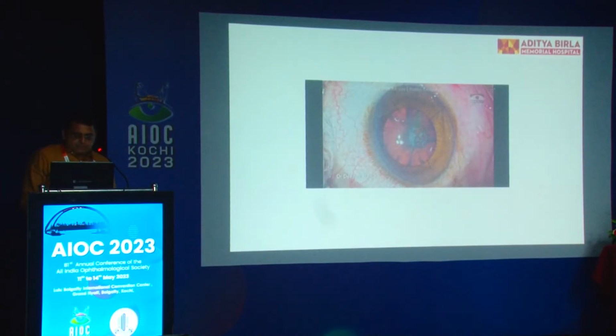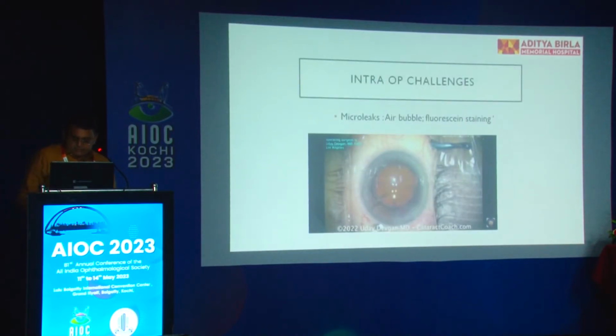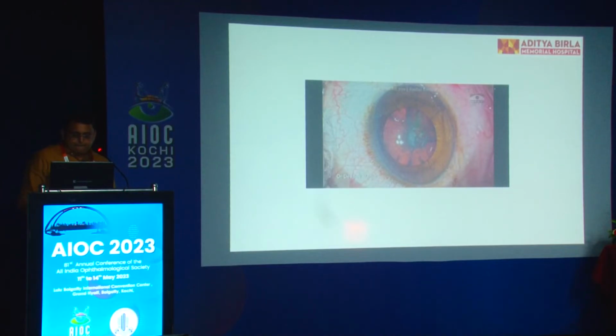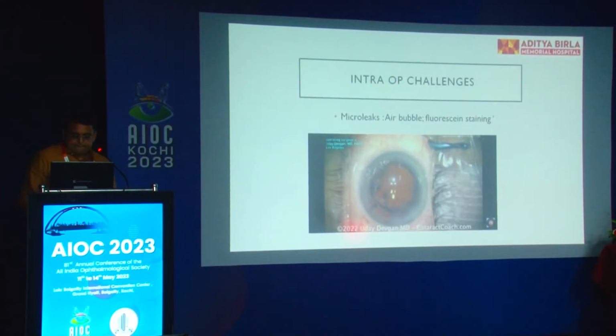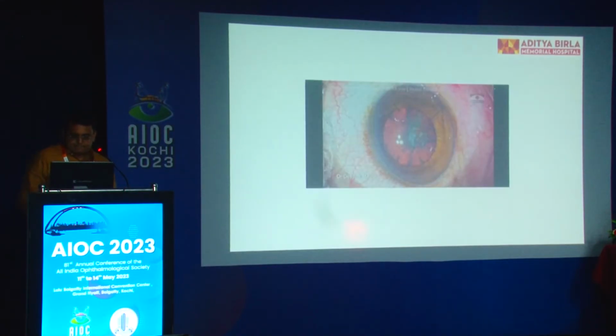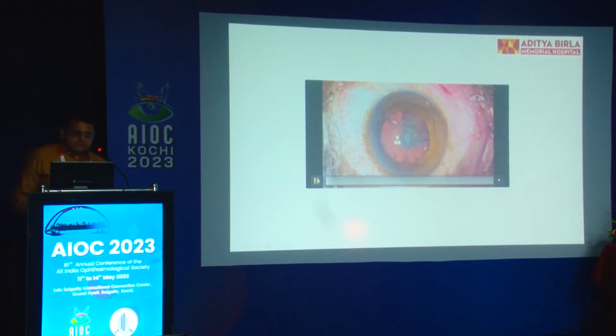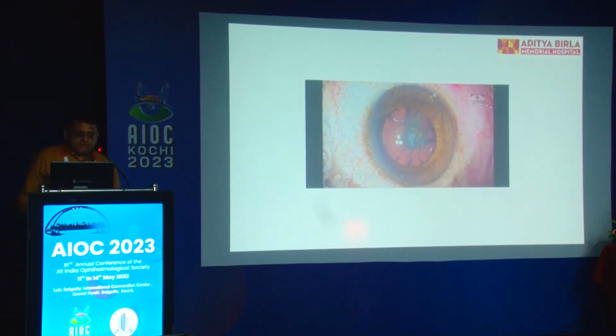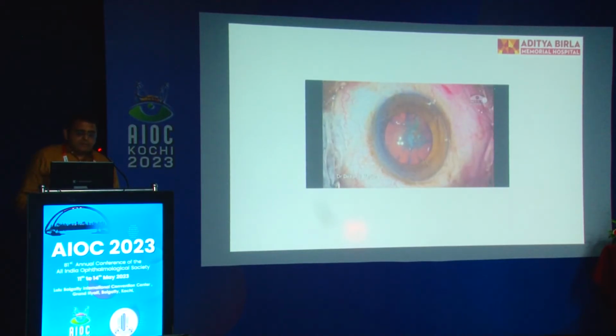So the first video. This is an 8 cut RK, and when we are planning a cataract surgery, it's always better to mark the side port site with a Sinskey.